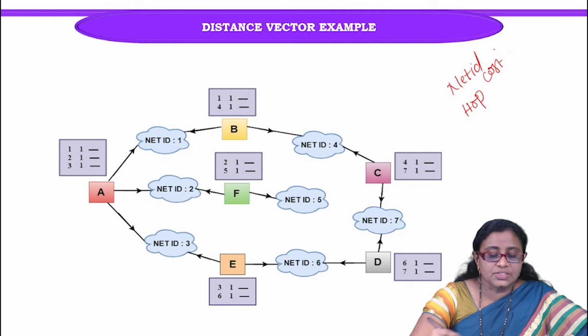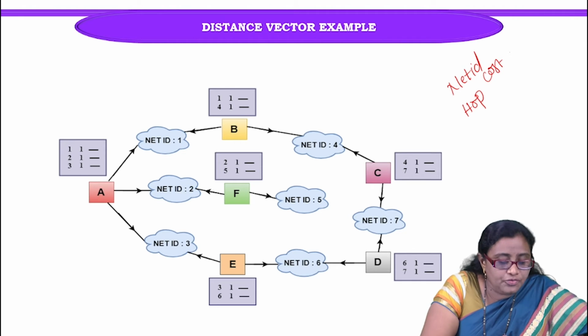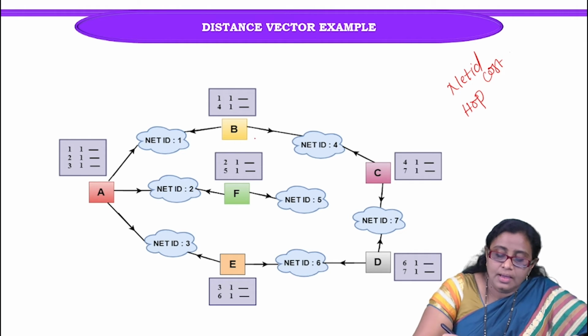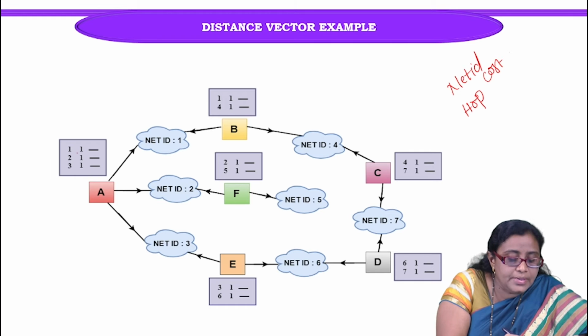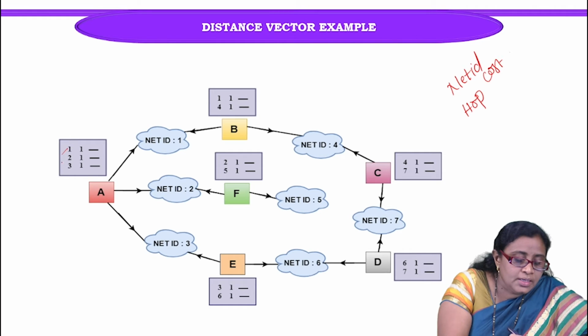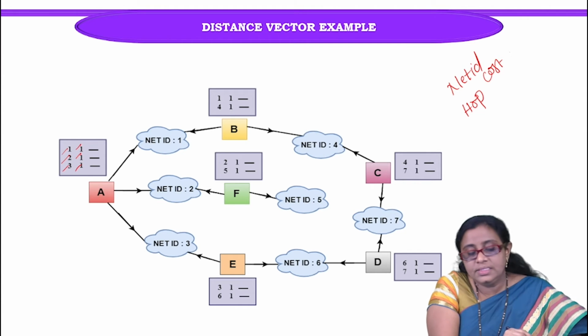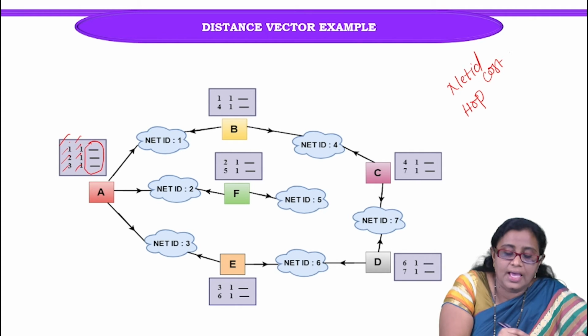Next, take the example of A, B, C, D, E, F. For the LAN of network A, the net IDs are 1, 2, 3, and the costs are 1, 1, 1. This is the net ID. The second one is the cost, and the hop we need to calculate.